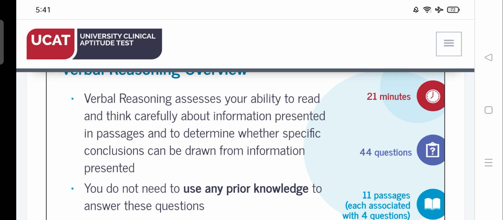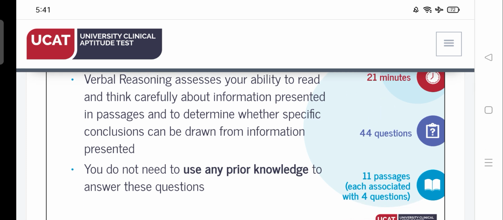Okay, in verbal reasoning, there are some passages given from which you can choose the right information to choose the right option. You don't need to use any prior knowledge to answer these questions. You just have to use the right information that is included in the passage.